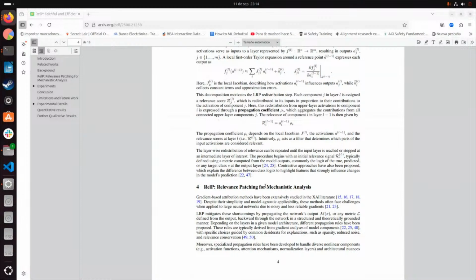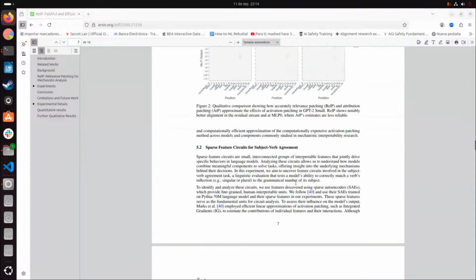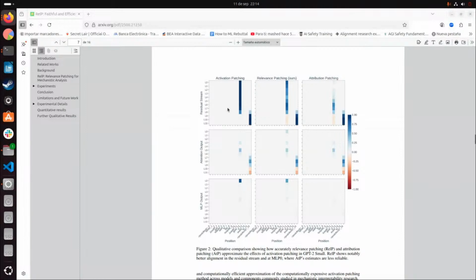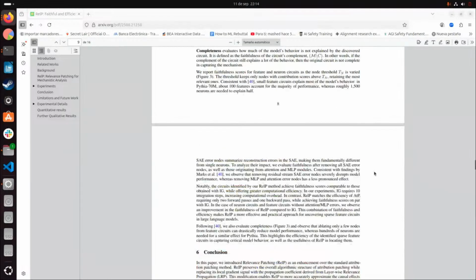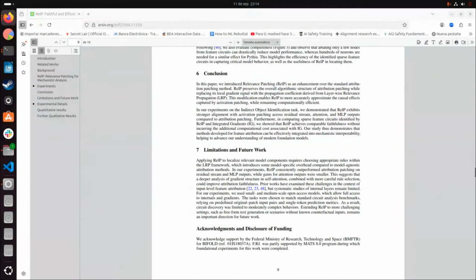They try to have a better approximation, and they handcraft those based on some theoretical considerations that I didn't really understand, and which probably make sense. And they then tested it and got a somewhat better approximation of the original activation patching than with attribution patching. And that's basically it, I guess. I don't really have much else to say about it.